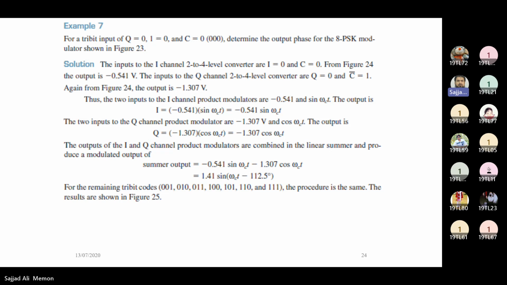This can be solved the same way as I showed you earlier, and that will be equal to 1.414 sine omega ct minus 112.5 degrees. For the remaining tribits, the procedure will remain the same. For practice, you can take any of these combinations and try it at home.